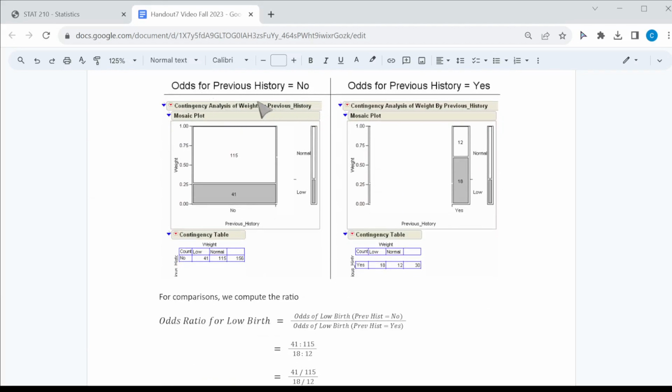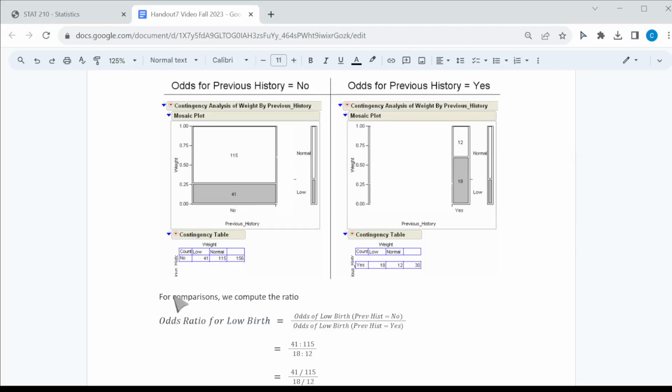So here I'm breaking the two columns into two parts. Let us just consider the odds of low birth for those with no previous history. Now I'm asking for low birth, so I definitely want to put the 41 first.